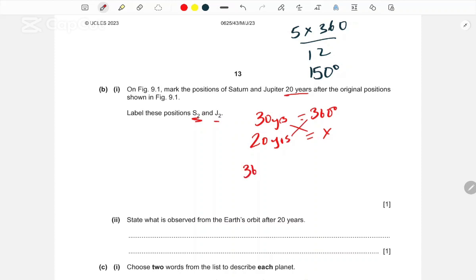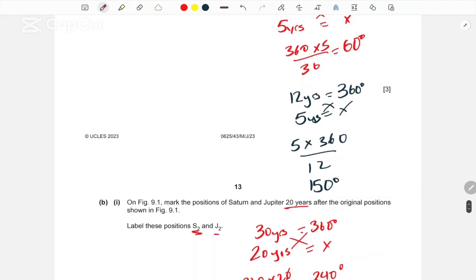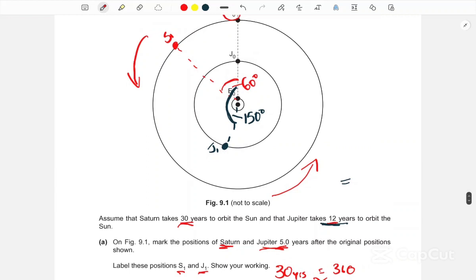So it would be 360 times 20 over 30. So that would give us 240 degrees. So the new position of S2 is going to be somewhere from the center over here. So this whole angle over here is going to be 240 degrees.